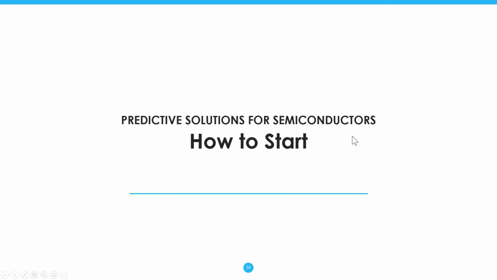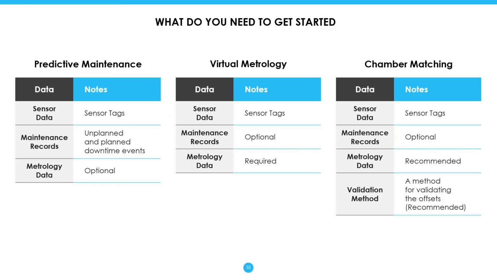With the background about some of our past work, as well as the relevant tools and software for configuring these solutions, you are likely wondering, how can you get started on this digital predictive initiative? So in this slide, we summarized what would be needed for each of the use cases discussed today. For predictive maintenance, you would likely need the sensor data, as well as the maintenance records to configure and evaluate the predictive models.